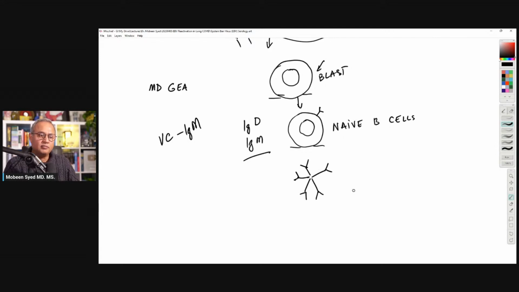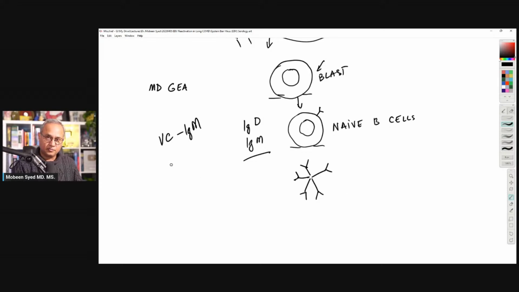Your answer will become that this means there is an acute infection, recent infection, now infection. Why? Because our B cells, when they encounter something for the first time, they produce IgMs. Then these B cells would switch.